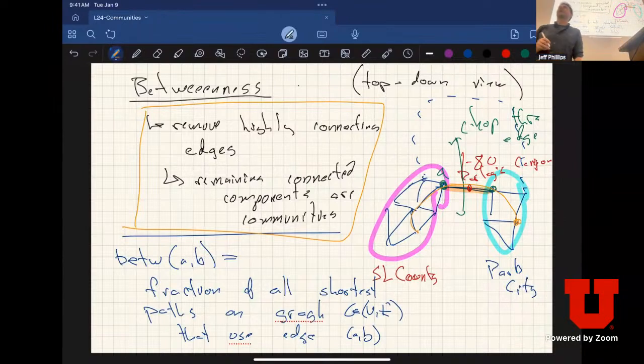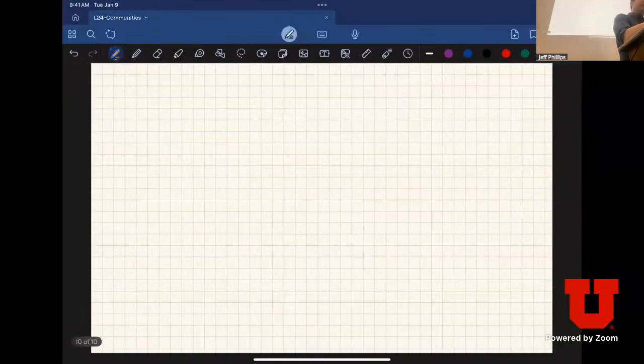If the edge is in triangles, it probably has a low... Okay, yeah. So one thing with triangles is, yeah, I could count the clustering coefficient.